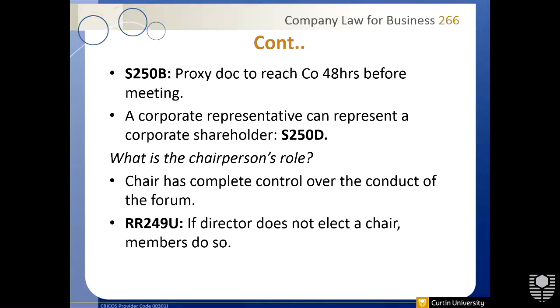If a chairperson is appointed and does not present himself or herself in the meeting, then the members in the meeting have a right to appoint a chairperson amongst them. But the right to appoint the chairperson rests with the directors. Also, the chair has a casting vote. If you have a deadlock, the chair can vote in favor of whichever party.